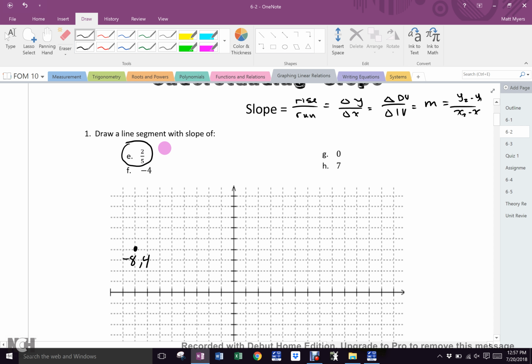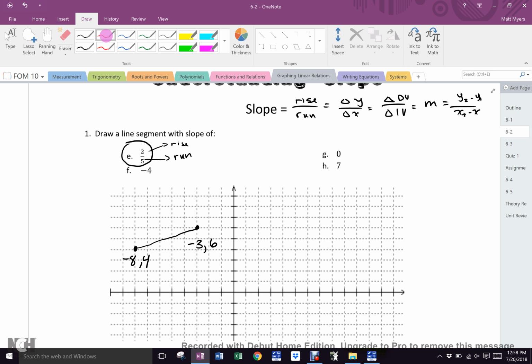Since it is 2 over 5, the 2 must be a rise and the 5 must be a run. And make your line, and then give the coordinates of that line. For me, it is -3, 6.